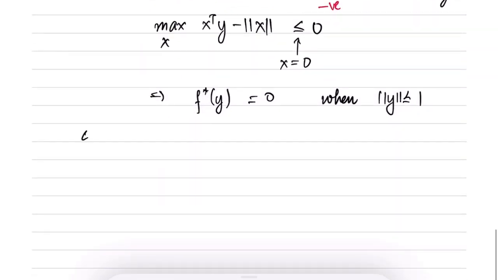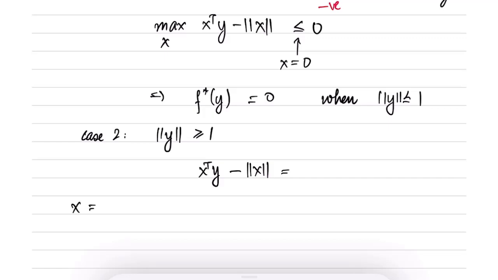Let's also look at case 2, which is that norm of y is greater than or equal to 1. Now in this case, the problem becomes unbounded above, as was happening for the n equal to 1 case. And we can show this by observing that our objective function x transpose y minus norm of x can be written as follows. We try to see which direction we should take x so as to make this infinity.